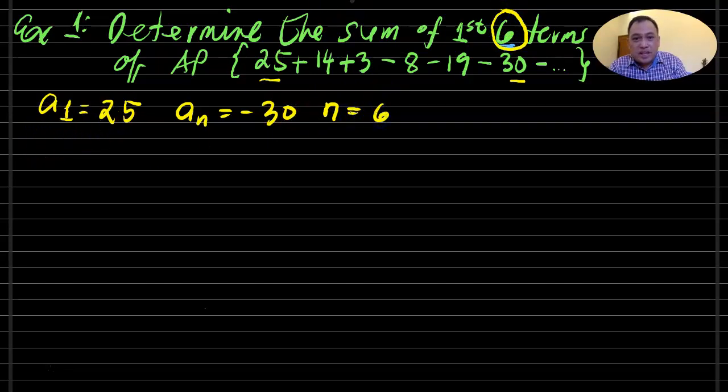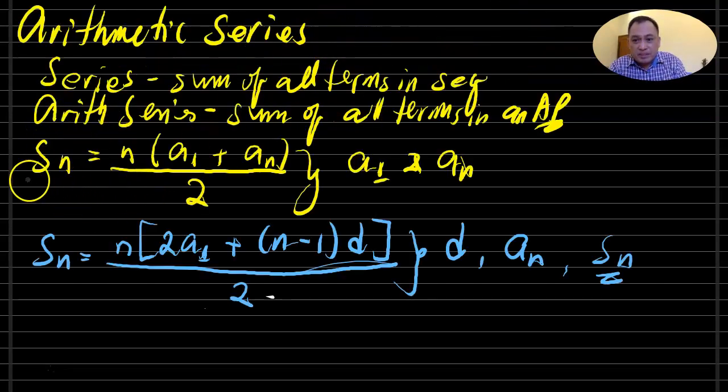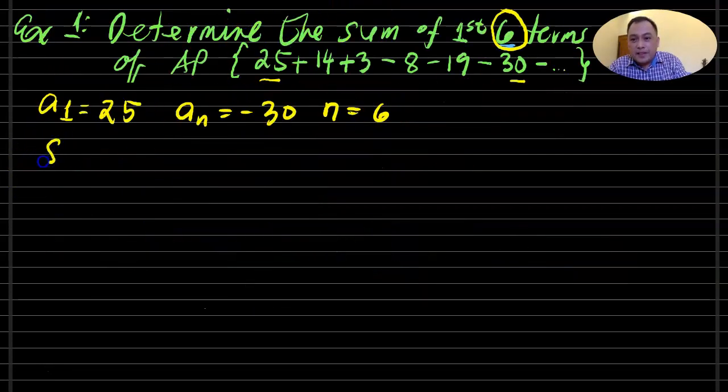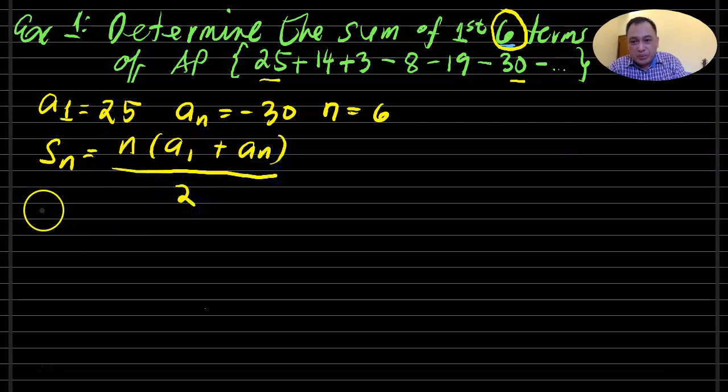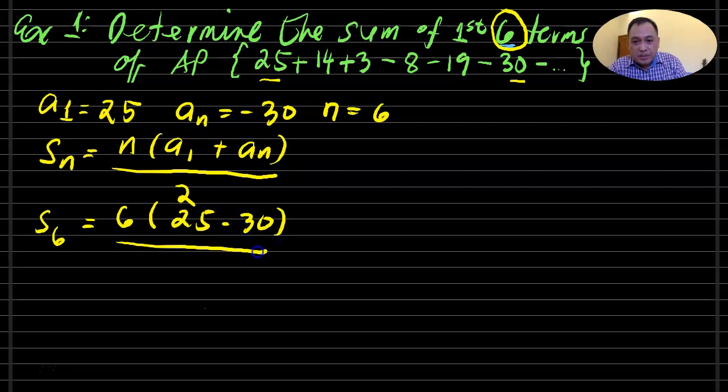So let's proceed and use this one. S of n is equal to n times the first term plus the last term, divided by 2. Our n is 6, times the first term 25 minus 30, divided by 2.